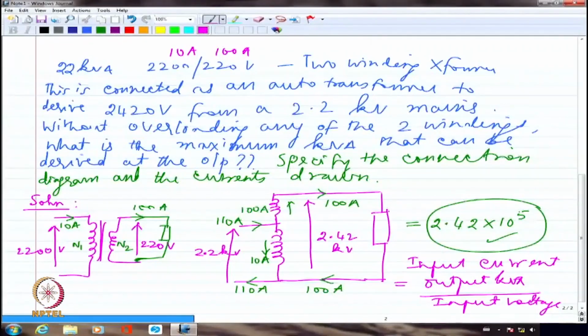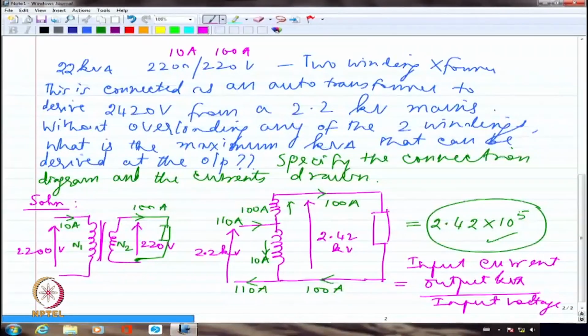Are you getting my point? It is working now as a potential divider. So what you have done is essentially added the two voltages. So you have connected them in series. So if you look at the electromagnetic induction that is taking place, that is still fending for only 22 kVA. Nothing more than that. But if you look at what is happening in terms of the conductive coupling, one is electromagnetic induction, or magnetic coupling, the other one is how they are conductively connected.